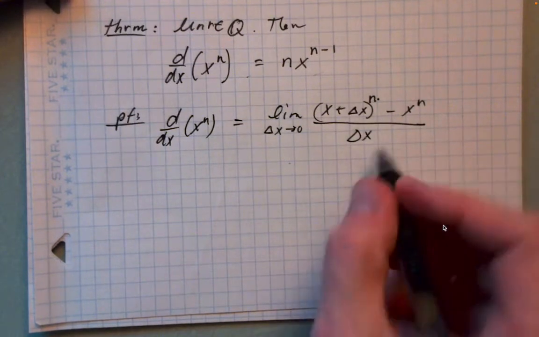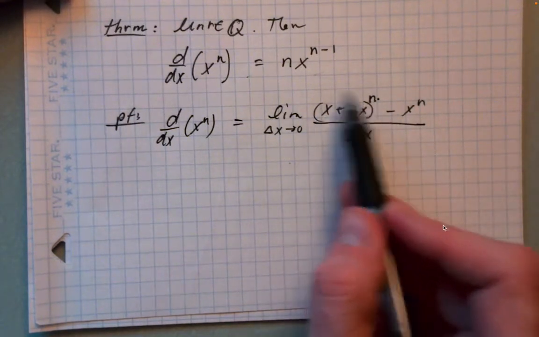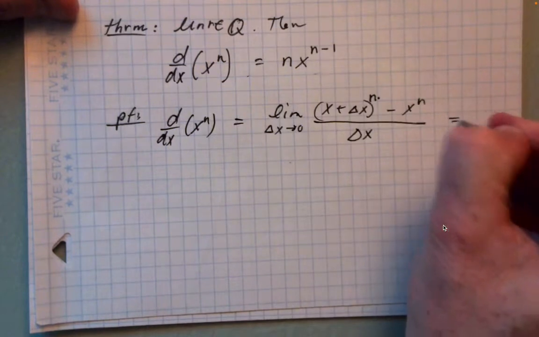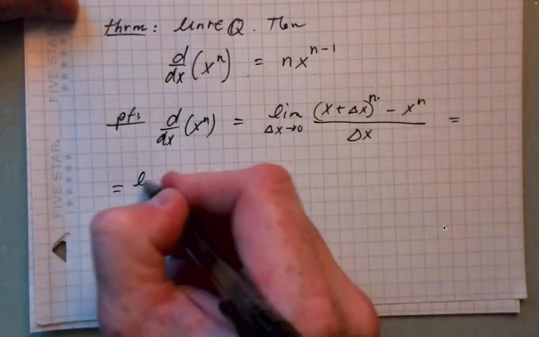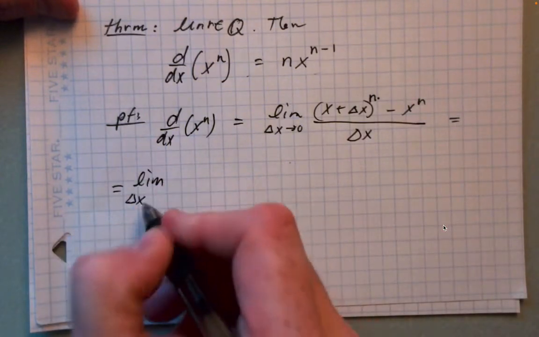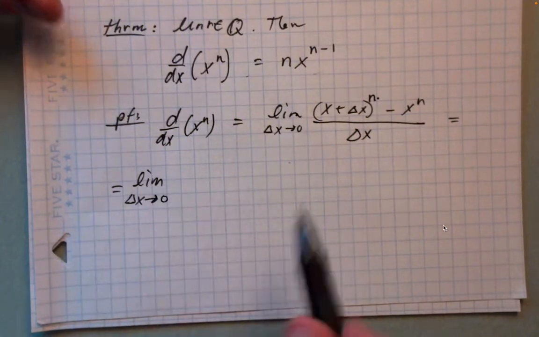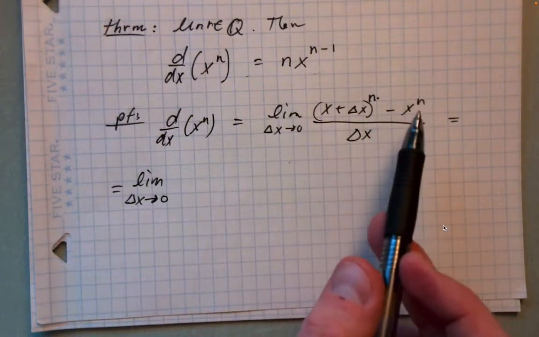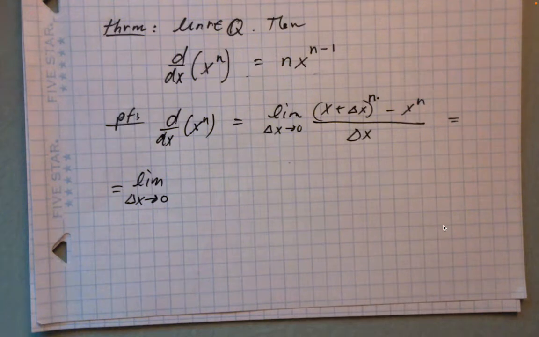Okay, now this thing here can be expanded. It might take a little bit of effort, but if you start with looking at x plus delta x squared and then x plus delta x cubed, you'll see that there's a pattern to how this expansion works.